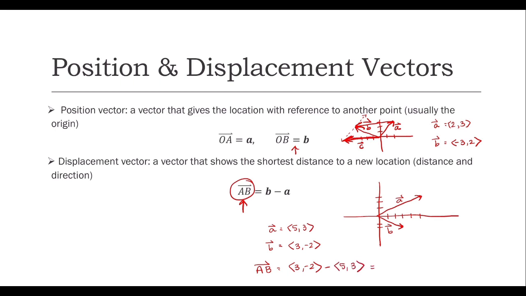So that would equal 3 minus 5, which is negative 2, comma, negative 2 minus 3. So negative 5. So negative 2, negative 5. So this would be your distance vector or your displacement vector. And if you put that here, that would be the same thing.